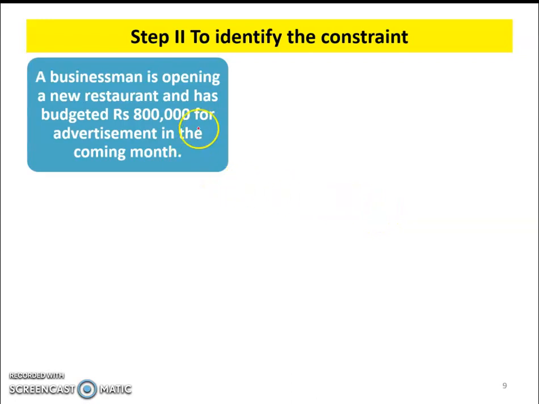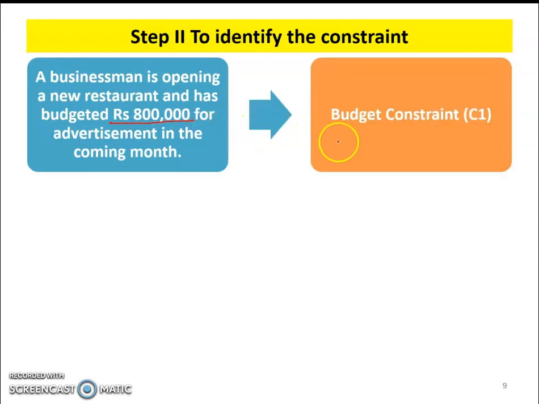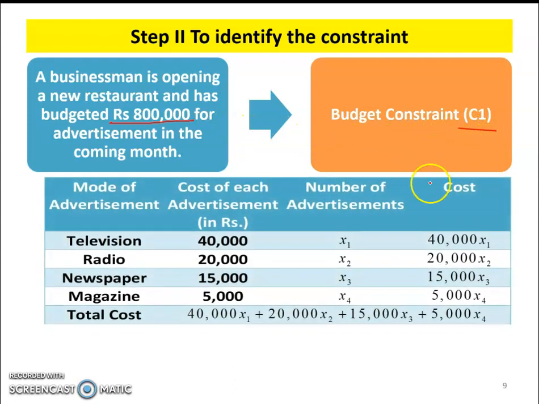Now step 2 is to identify the constraints. A businessman is opening a new restaurant and has budgeted rupees 800,000 for advertisement in the coming month. So this data, rupees 800,000, must be used, and this is a type of budget constraint. We call it C1. And how can we formulate this? It is given that the cost of each advertisement in television is rupees 40,000, in radio 20,000, in newspaper 15,000, and in a magazine 5,000.